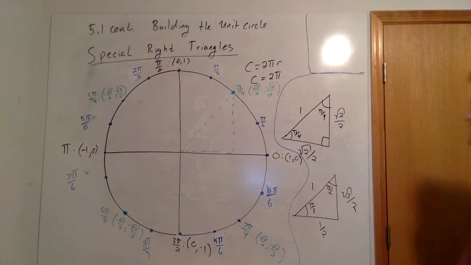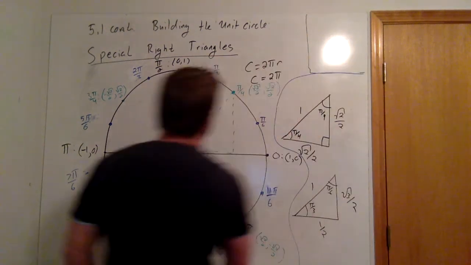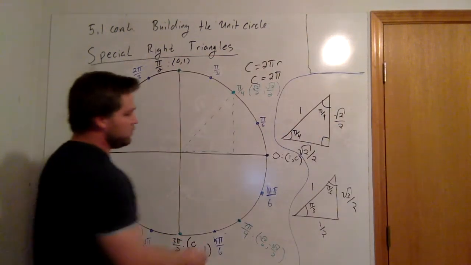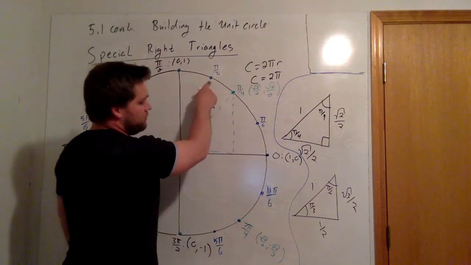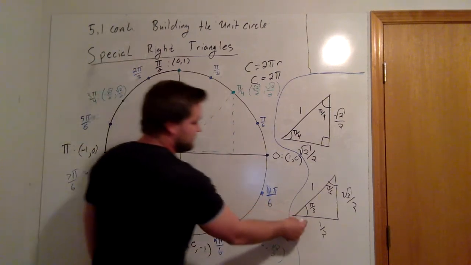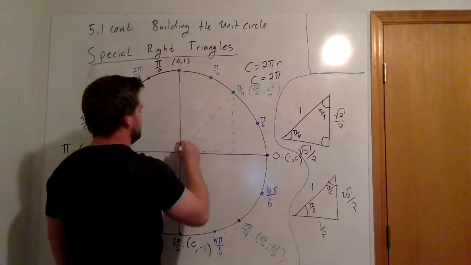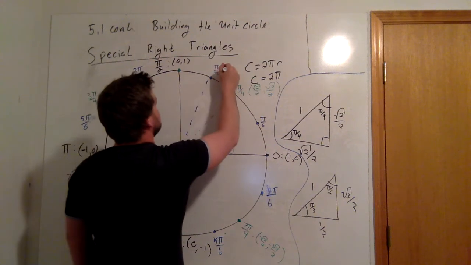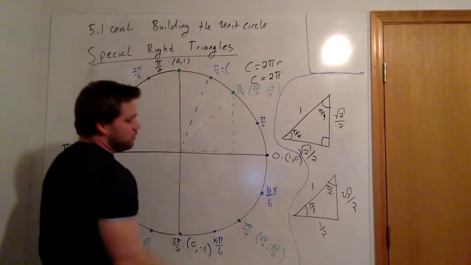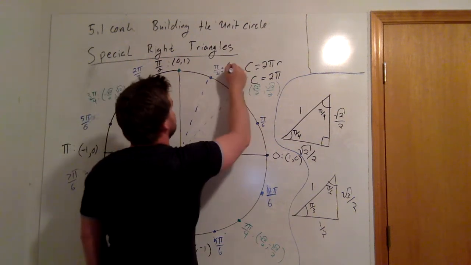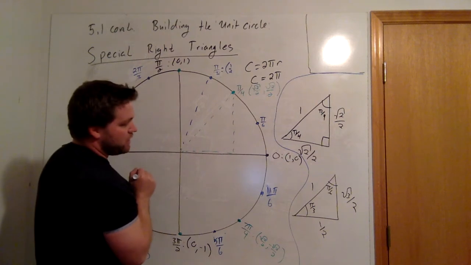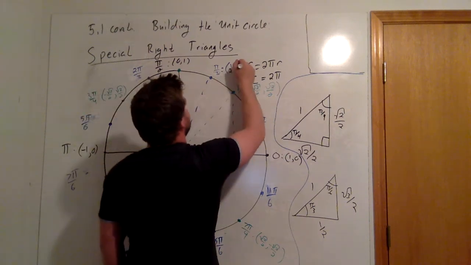So let's think about what the x and y coordinates of these locations would need to be. Let's say we are walking around an increment of pi over 3. If we're looking at this special triangle right here, this would be telling us that the x coordinate would be 1/2 and the y coordinate would be √3/2.